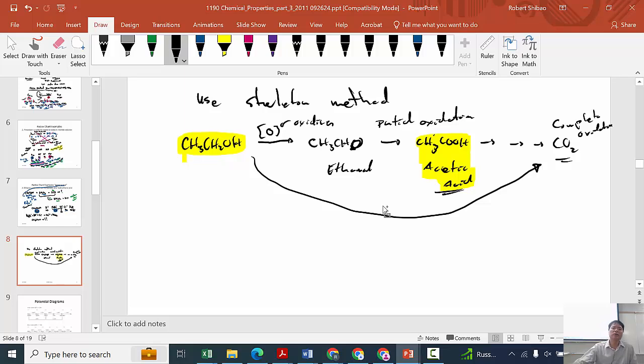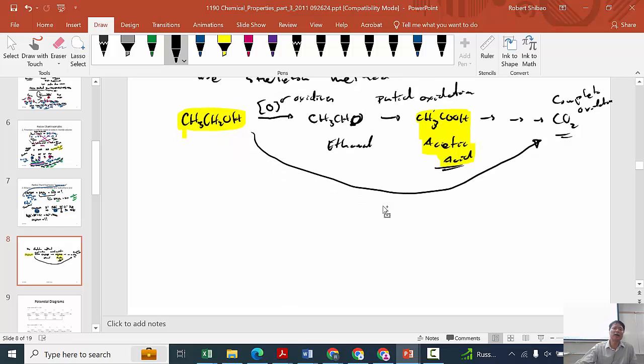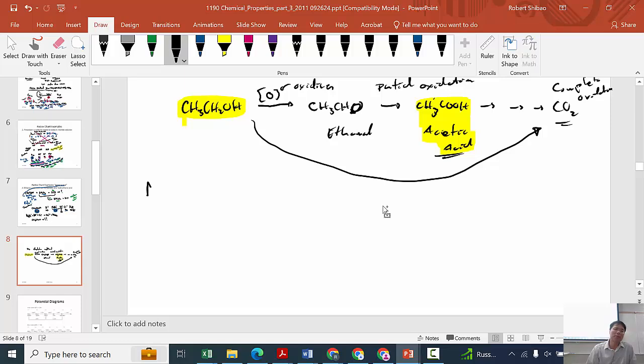And so what we're going to do is assume complete oxidation, which isn't a bad thing to assume because permanganate is a strong oxidizer. So assume complete oxidation, and therefore all the ethanol should be converted, not to vinegar, but all the way to CO2.